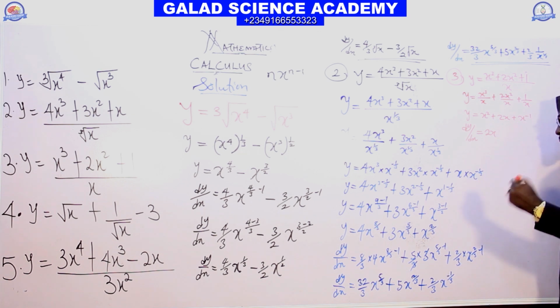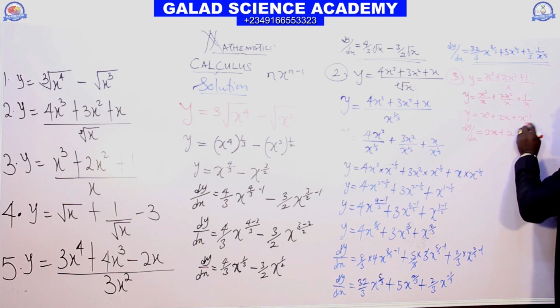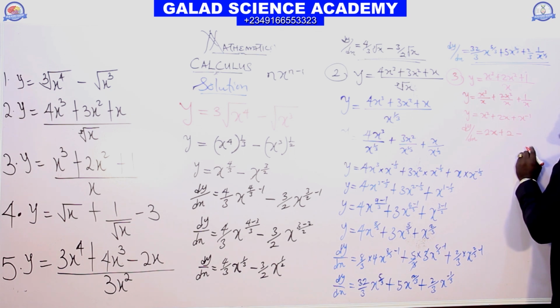dy dx will be 2x, this one will become 2. Here we have minus x exponential minus 2.